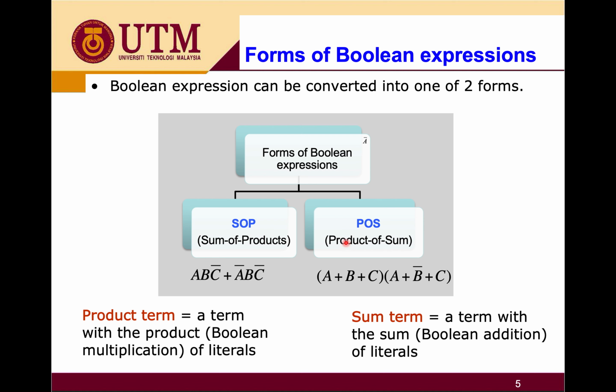So you can see over here the difference: for sum of product, this is the product, which is ABC, and then you use sum. But product of sum means that you sum it all, and then you take the product.